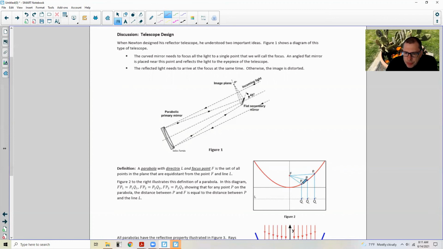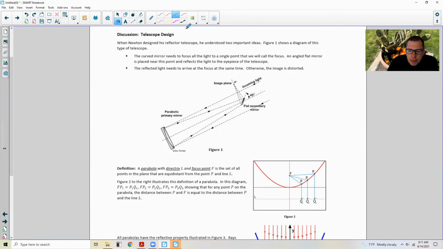FP1 equals Q1P1. The line segment that goes from Q2 to P2 is equal to FP2. And this line here, Q3 going up to P3, is the same length as FP3.